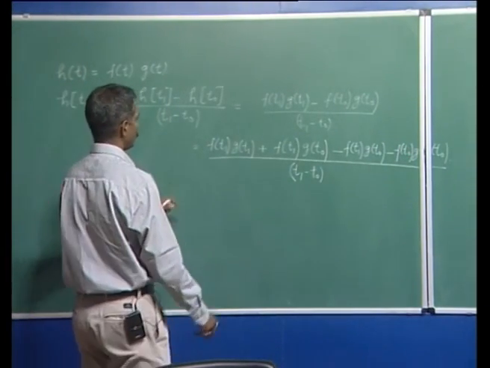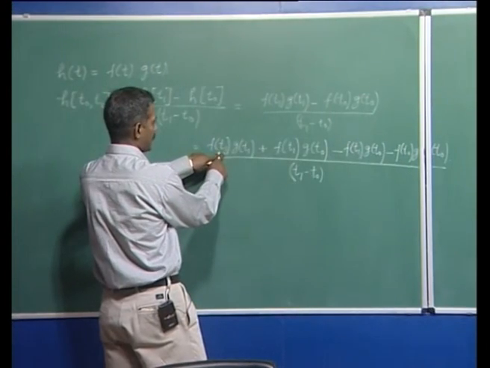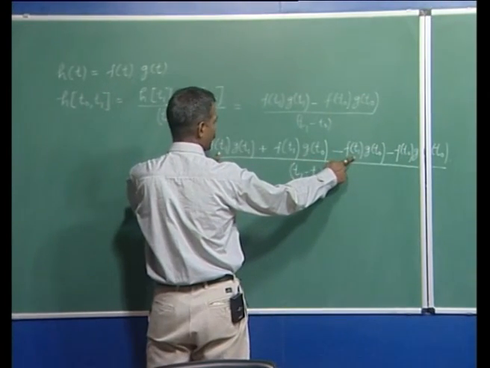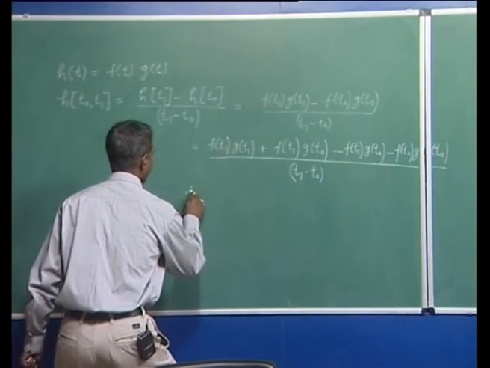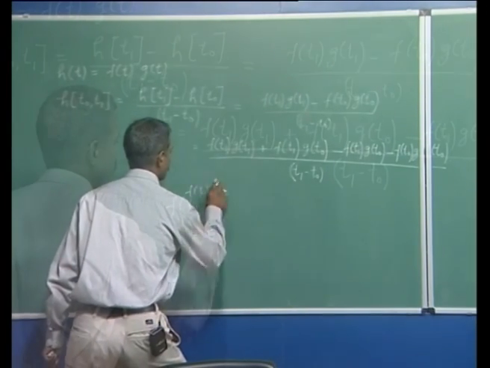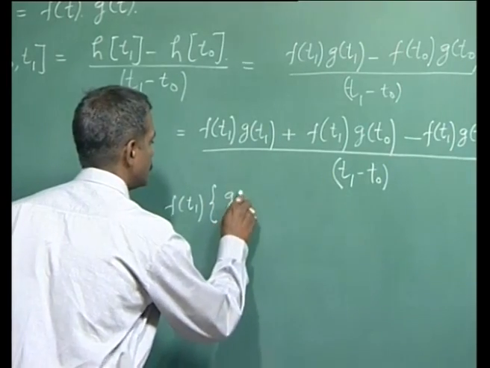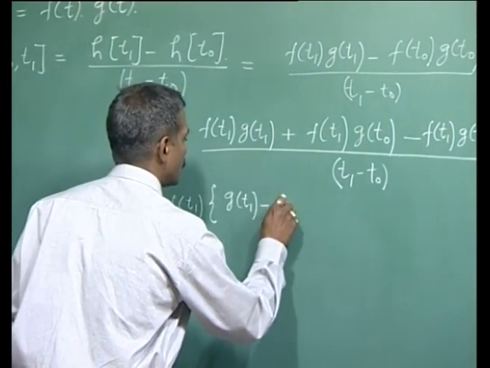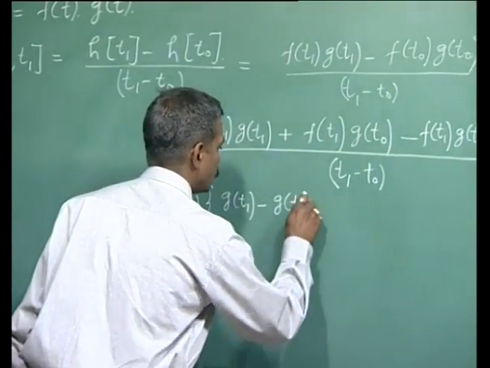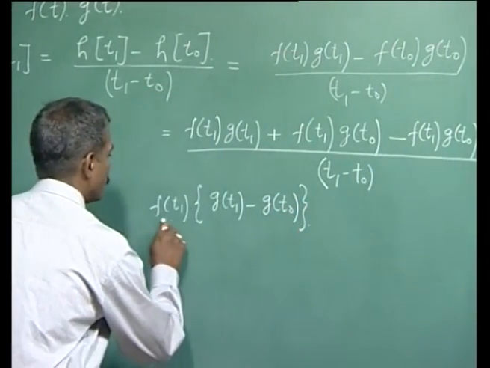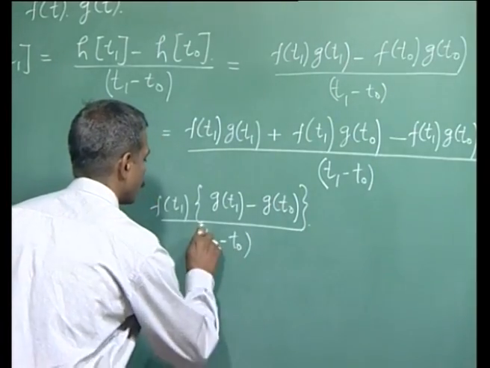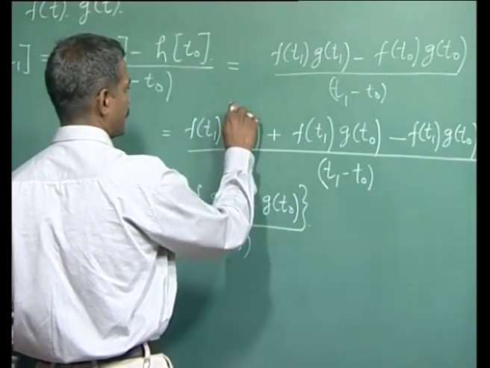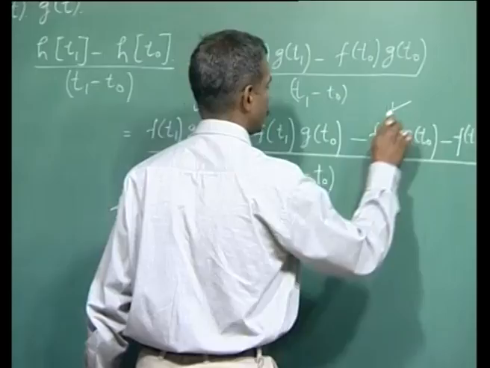Now I'll take f(t1) common between these terms. So f(t1) times g(t1) minus g(t0) over t1 minus t0. I've taken care of this term and this term.